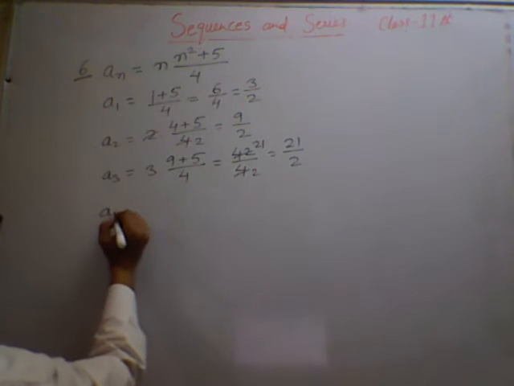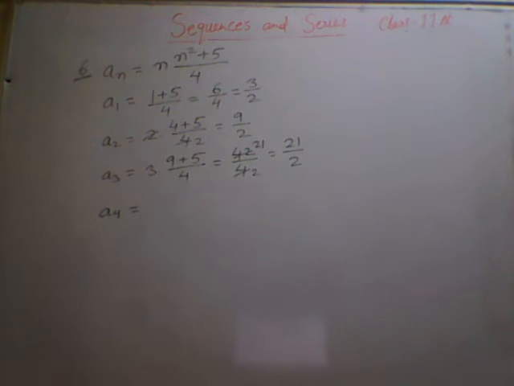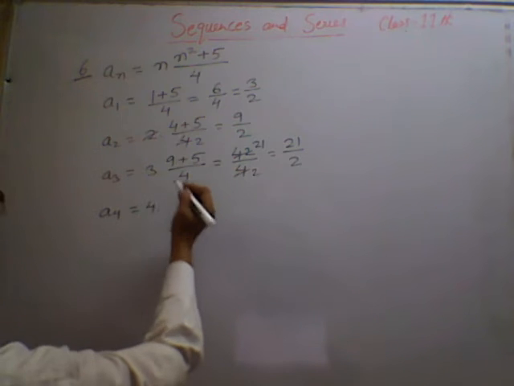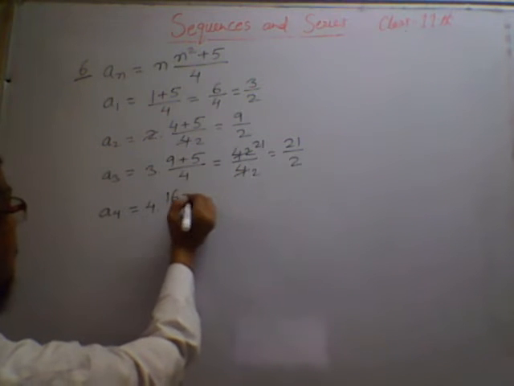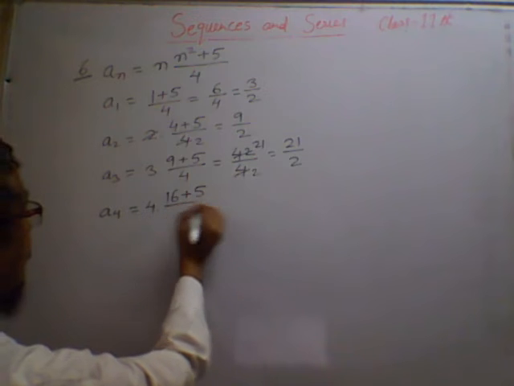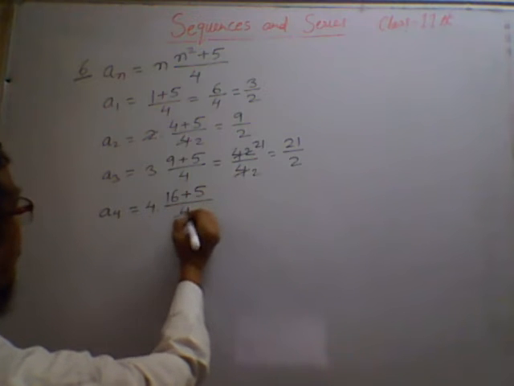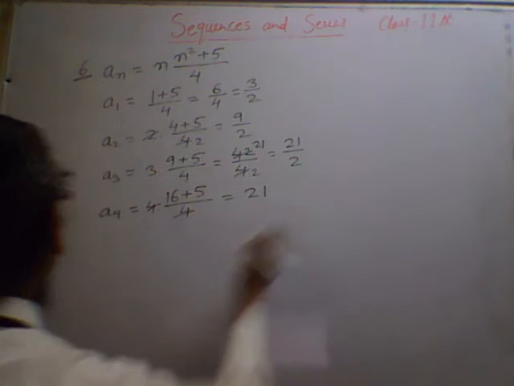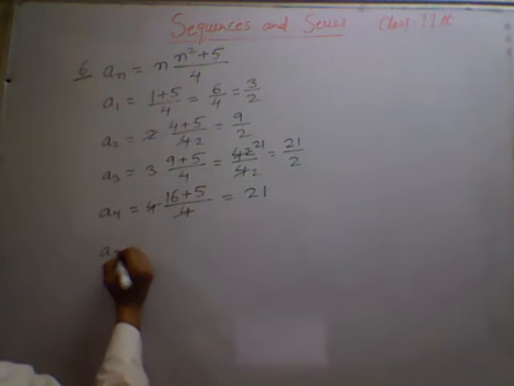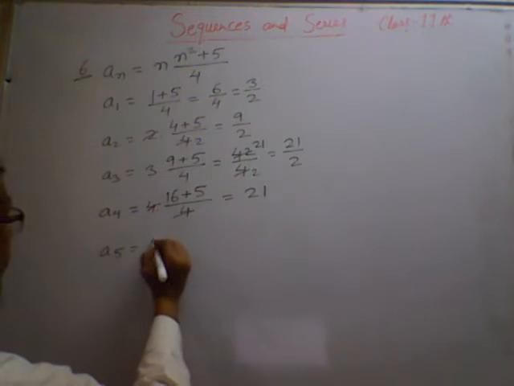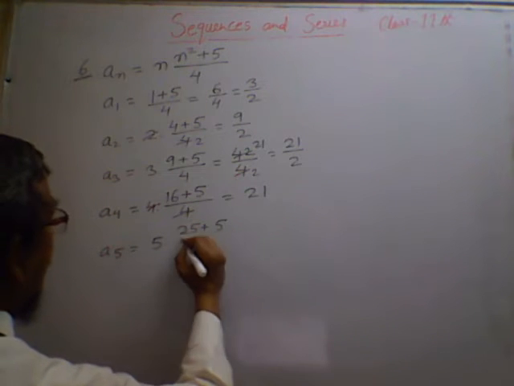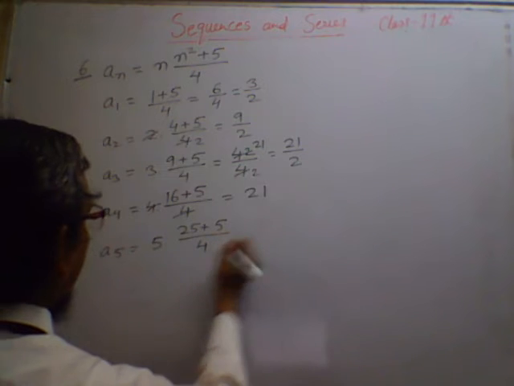Now A4 equals 4 multiplied by 4 square, 16, plus 5 over 4. So 16 plus 5 is 21, and A4 is 21. A5 will be 5 multiplied by 5 square, 25, plus 5 over 4.